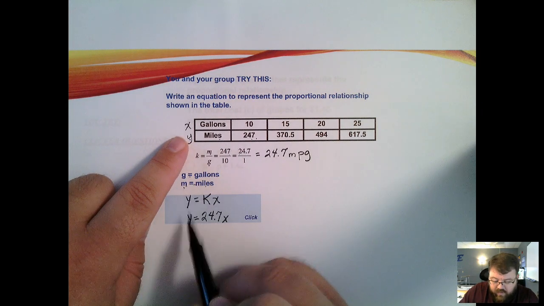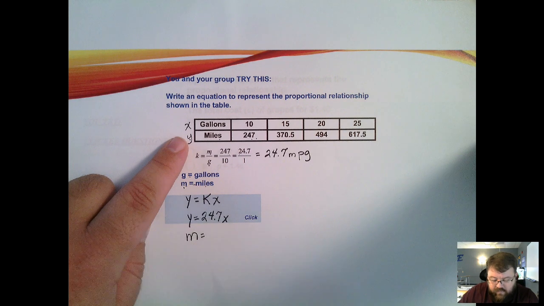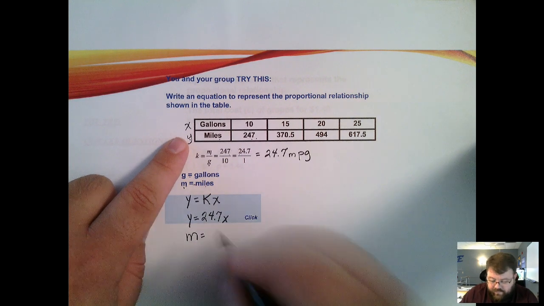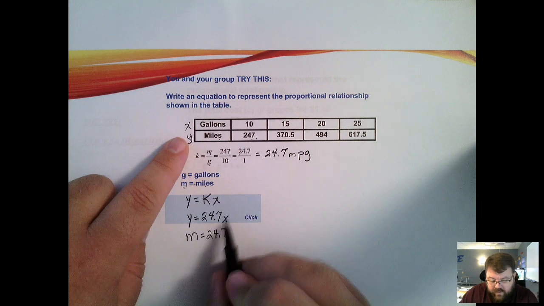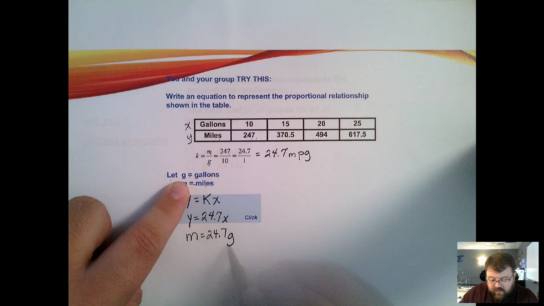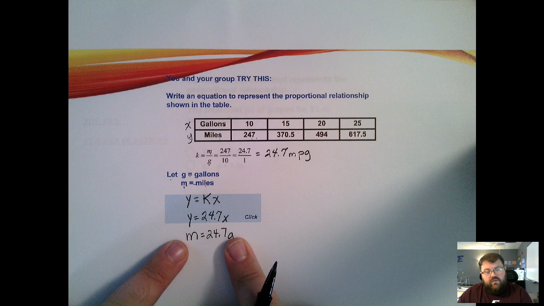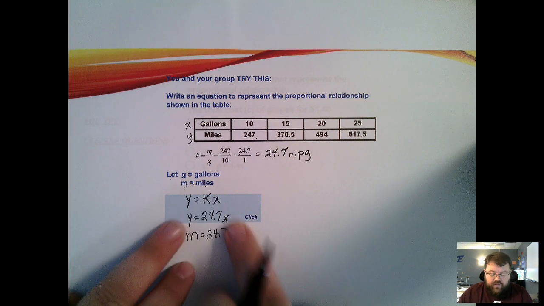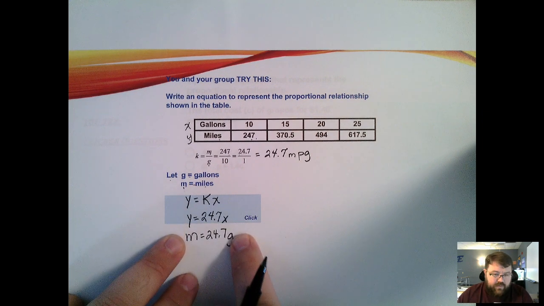Miles is Y. So I know this needs to be M is equal to 24.7. X is gallons. It's G. So that is the correct way of writing it, according to the context of the problem. There's nothing wrong with this. However, this is the better answer.